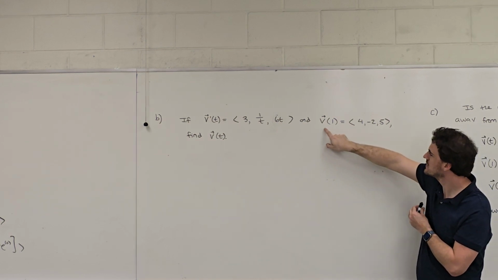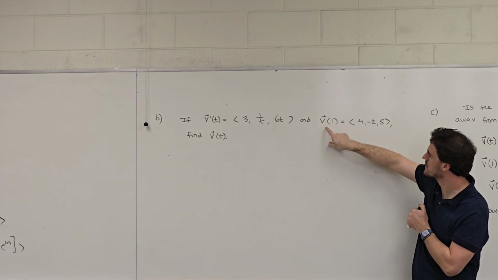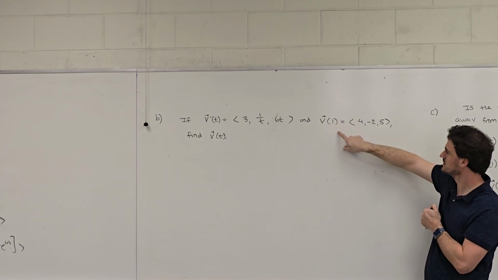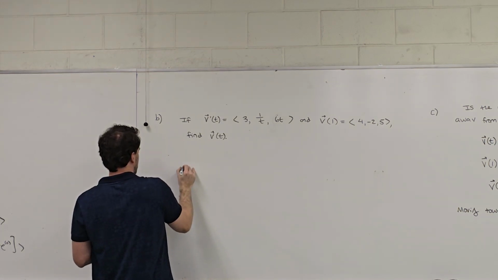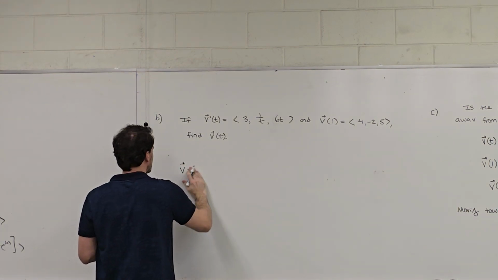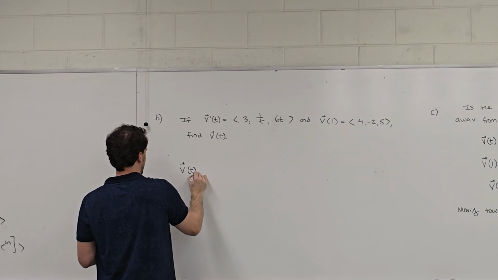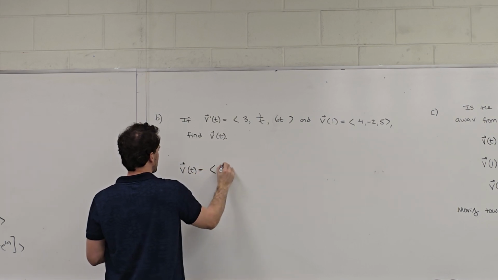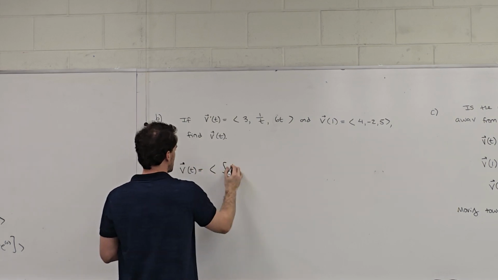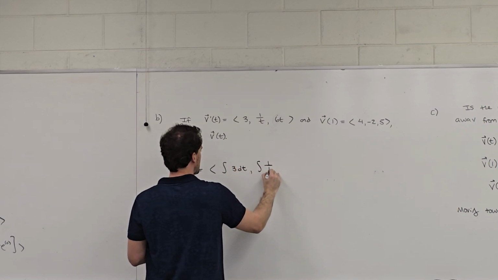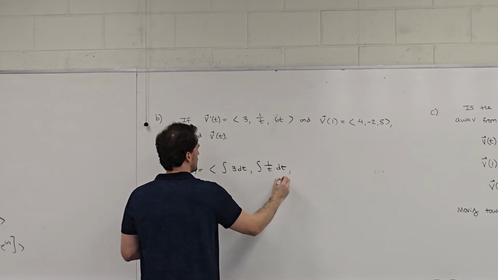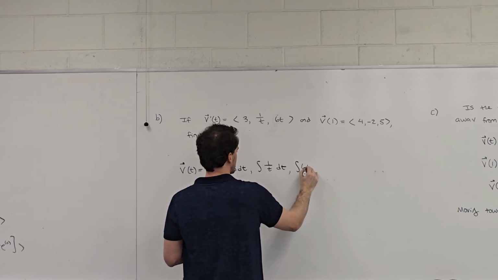So you're going to be given an initial condition for the vector v. So v of t, I've got the antiderivative of 3, antiderivative of 1 over t, antiderivative of 6t.